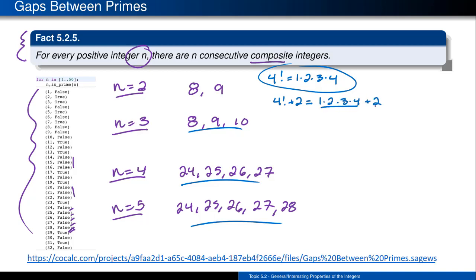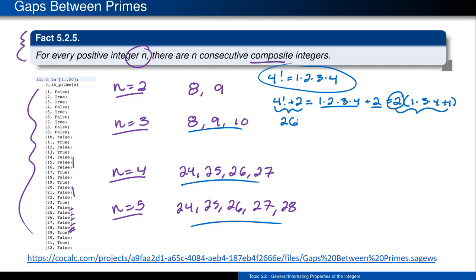The thing on the left and the thing on the right both have a 2 in them. I could factor a 2 out of this, giving me 2 times (1 times 3 times 4 plus 1). And I know immediately that it's still going to be divisible by 2 because I have that 2 out in front. So 4 factorial plus 2, which if I compute it is 26, is a number that is not prime.